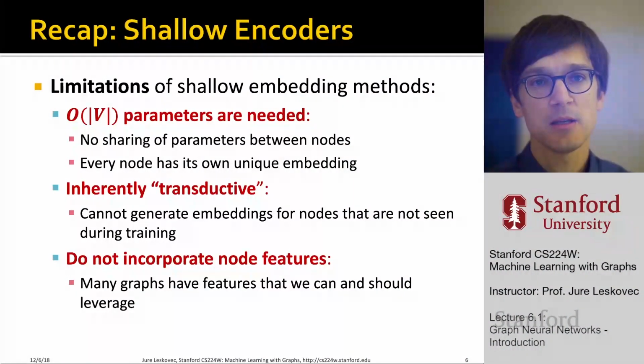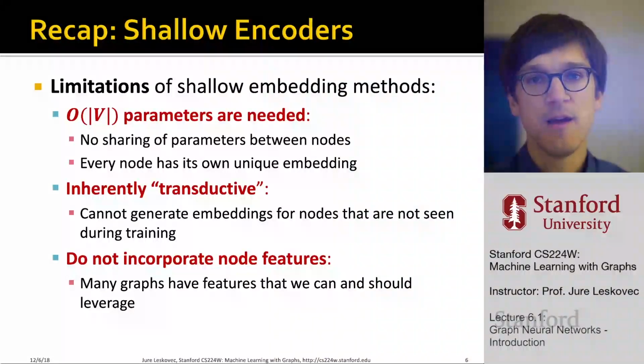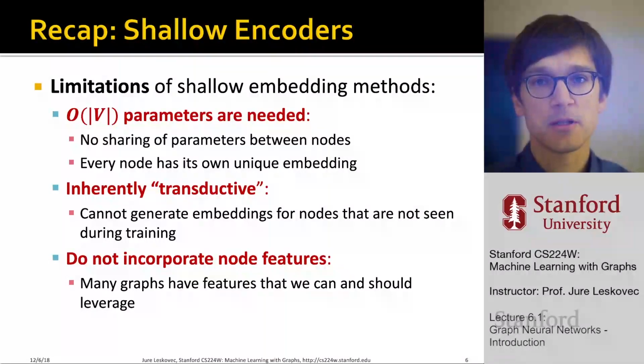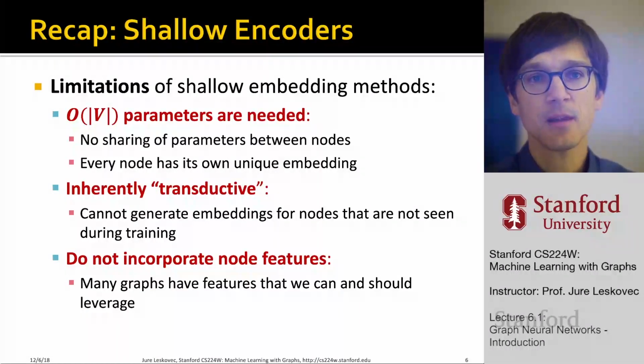For every node, we have to learn d values that determine its embedding. So for huge graphs, the parameter space will be giant. There is no parameter sharing between the nodes. In some sense, every node has to determine its own unique embedding.